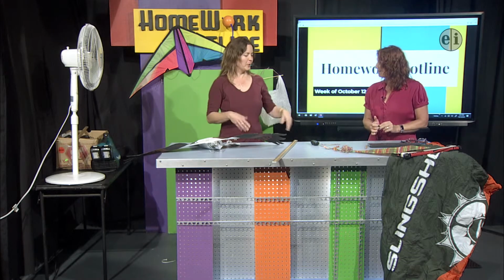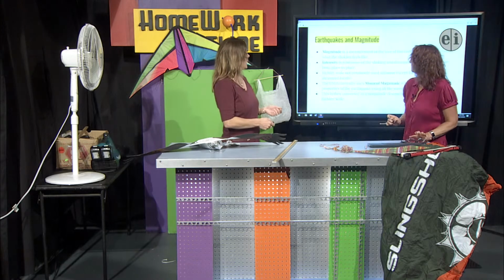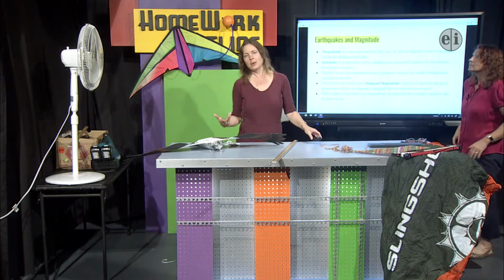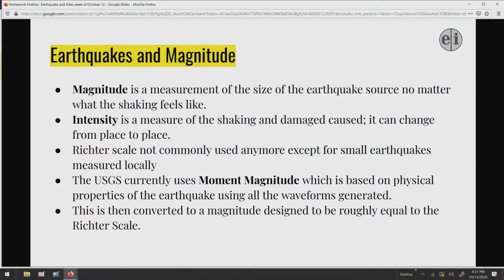So we're going to give you a really quick rundown of how earthquakes are measured. We measure earthquakes in magnitude, and we used to use the Richter scale, but that's not commonly used anymore. Now the USGS, the US Geological Survey, uses moment magnitude. That's based on the physical properties of the earthquake using all the waveforms that are generated.